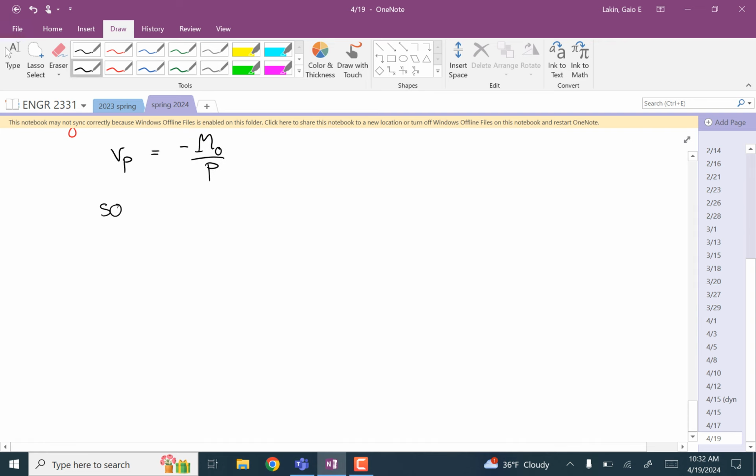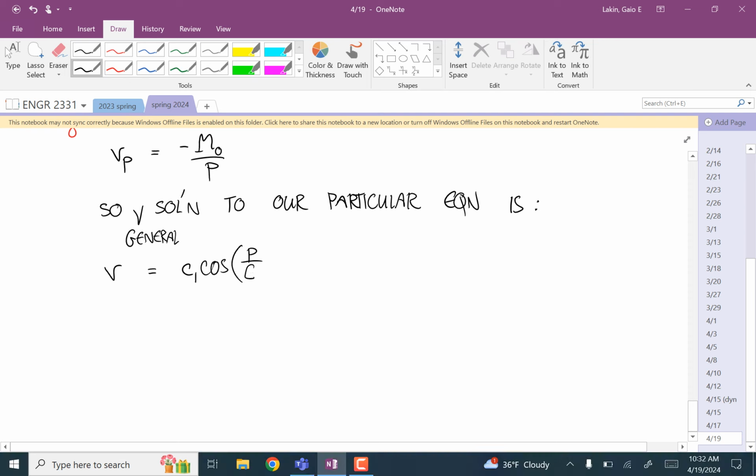So the solution to our particular equation, the full general solution, is V equal to C1 cosine of square root of P over EI times X plus C2 times the sine of square root of P over EI times X minus M sub 0 over P. Okay?